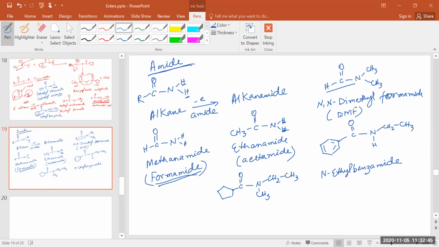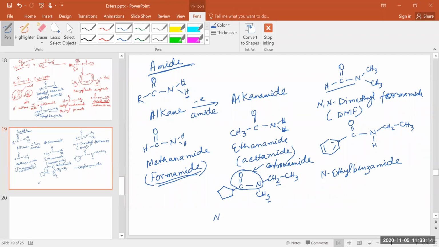When the nitrogen has different substituents, you have to name them in alphabetical order. And because of this cyclic structure, now this will be called carboxamide. Okay. So what will be the name of this one? You have ethyl and methyl, so ethyl will come first in alphabetical order.